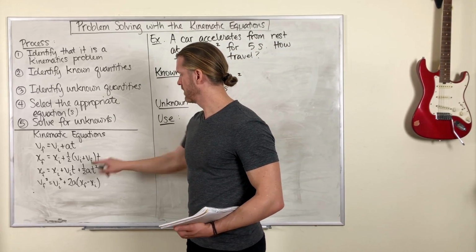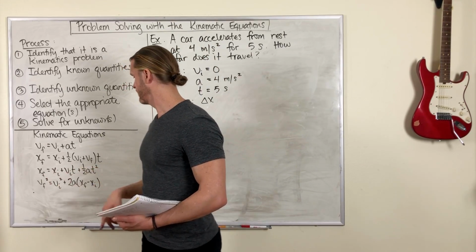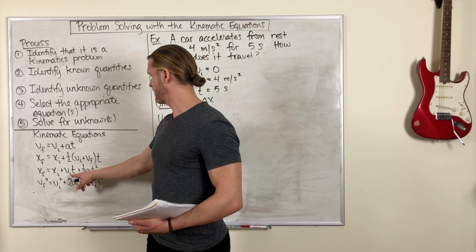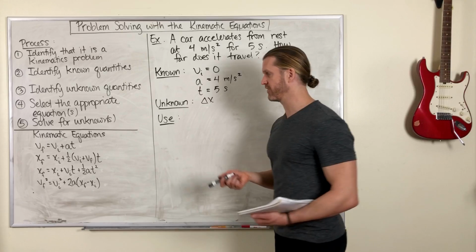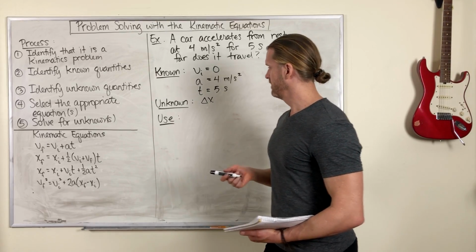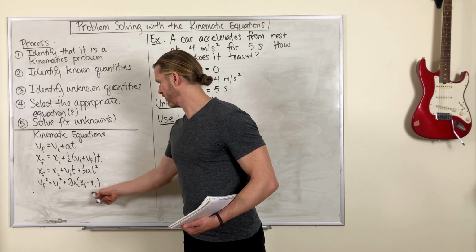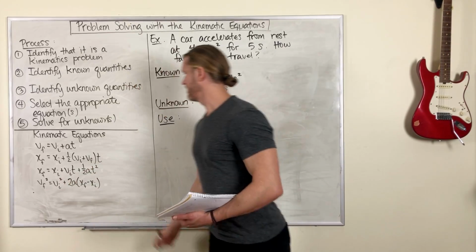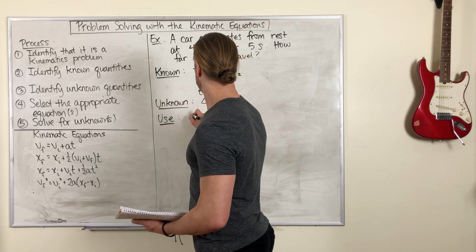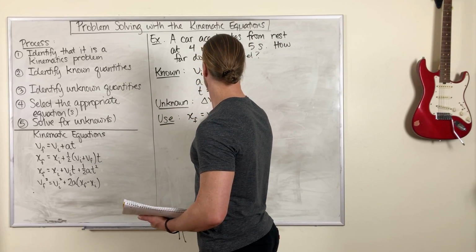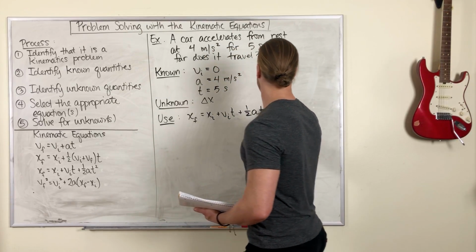Equation 3. This also involves displacement. If you subtract x initial from both sides, it has v initial and t and a, and we know all those. So it looks like equation 3 will work. Equation 4 will not work because too many unknowns. It has displacement over here, and it has a v final, which we weren't given. So equation 3 is the one to use, x final equals x initial plus v initial t plus 1/2 a t squared.